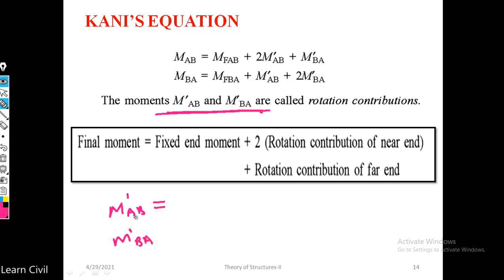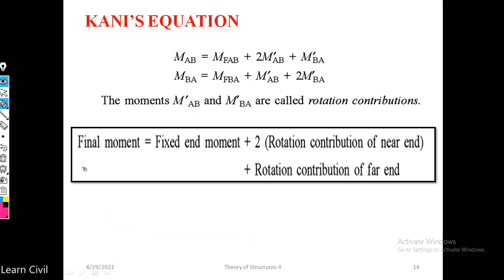As per the slope deflection method, this M'AB will be equal to 2EIθA divided by L, and this M'BA will be 2EIθB divided by L. Wherever we have 2EIθA divided by L in the slope deflection equation, we will be writing M'AB, and when we have 2EIθB upon L, we will be writing M'BA.